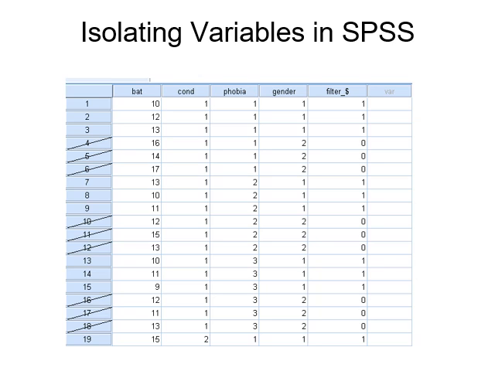In this case, the gender 1s, men, are still in and available. Anyone that had a gender of 2 is no longer being looked at for any analysis. So this would then allow us to run additional tests just on men. Once we were done with those, we would then switch over and select an isolated variable for women only, so 2s, at which point we could run that analysis.